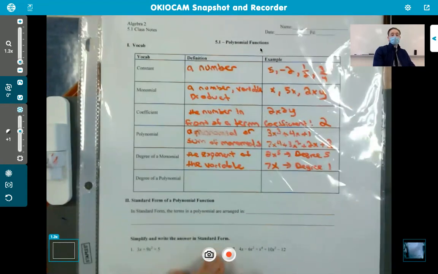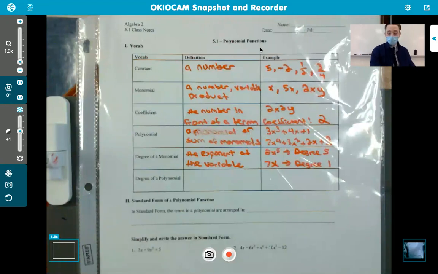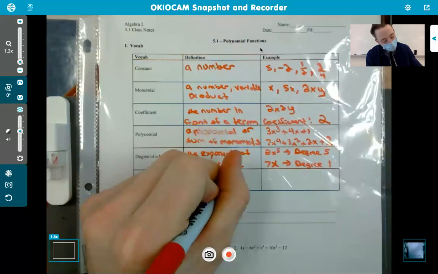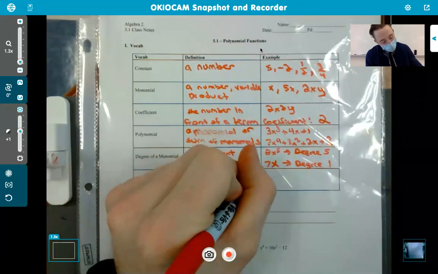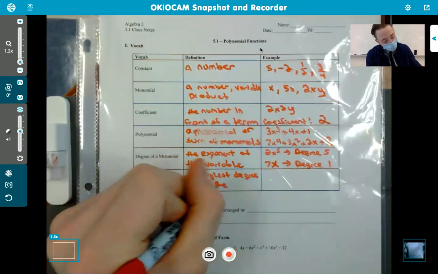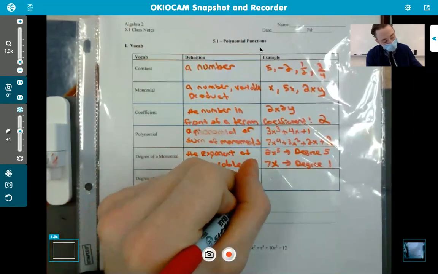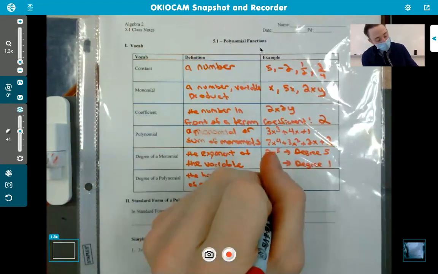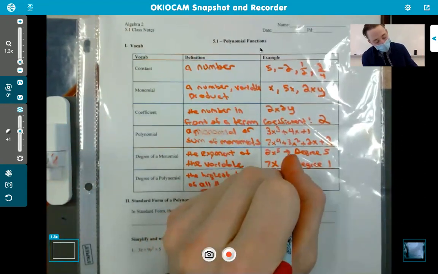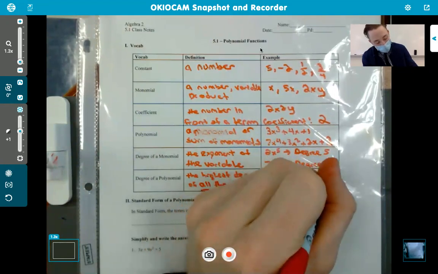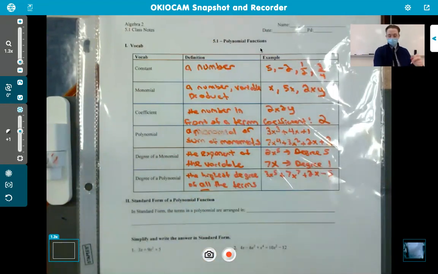How this differs when we talk about a polynomial, because we have multiple terms, it's going to be the highest degree of all the terms. And it might be useful for you to kind of underline all or something like that. Because if I'm looking at, for example, 3x to the fifth plus 7x to the seventh plus 2x minus 5, right?